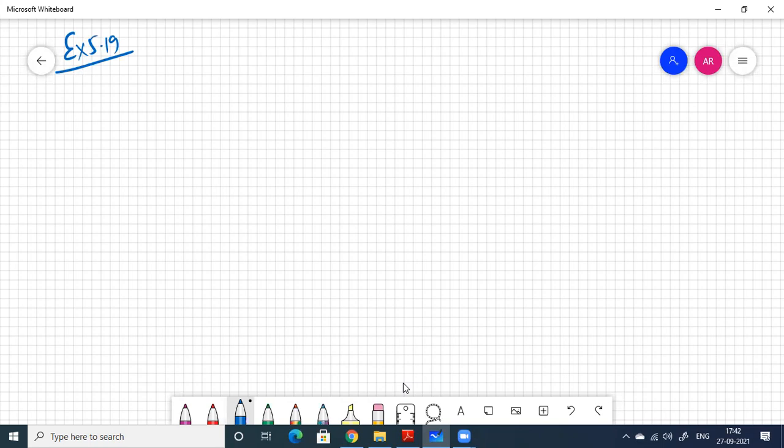What are the coordinates of B if the point (-2, 3) divides the line segment joining A and B? Here is one line segment. A is given as (-3, 5), and B is not given, so B is (x2, y2).